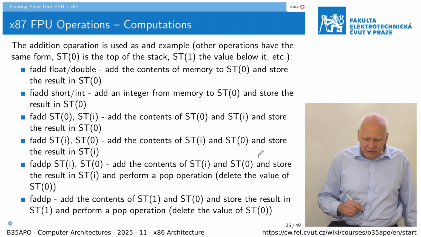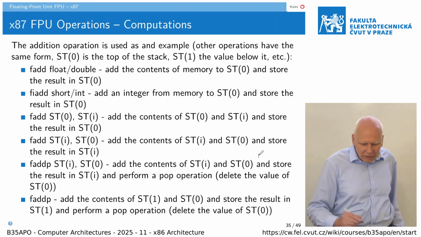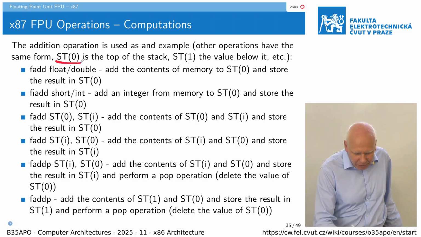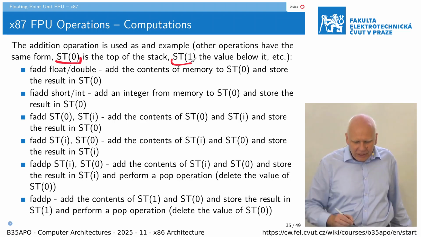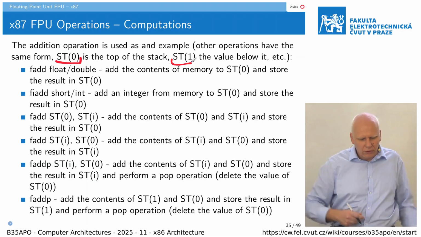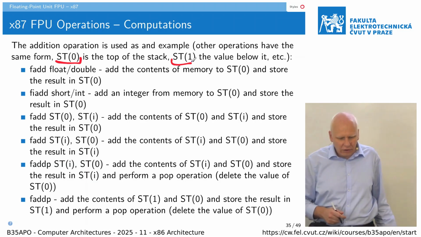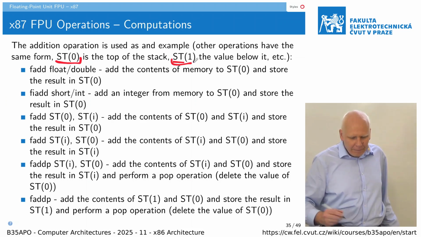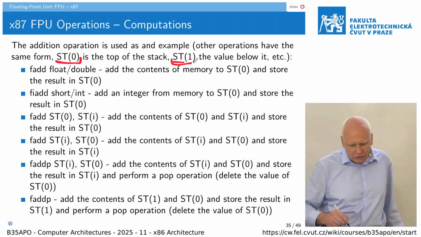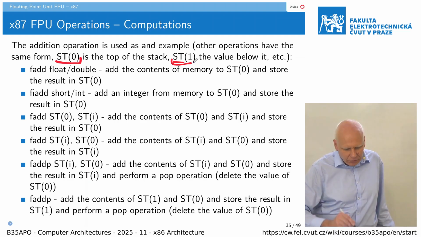There is a list of the arithmetic operations. Usually in the simplest form, they operate between the stack top and the one value below the stack top, so it is ST1. But you can even specify that it operates on some offset and stores the result somewhere into the stack.